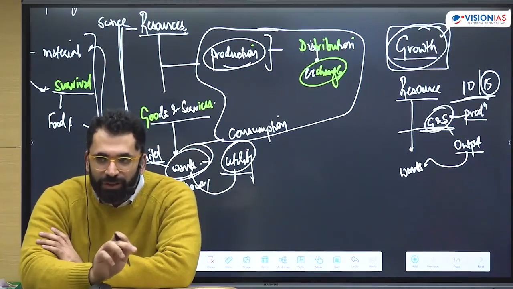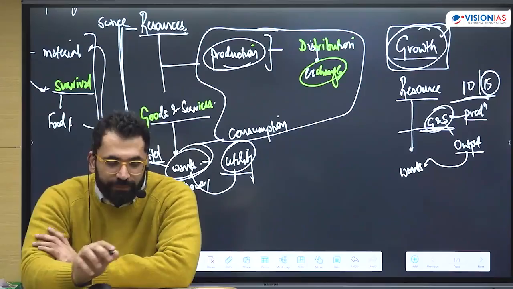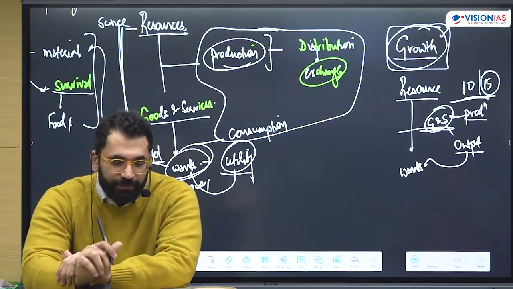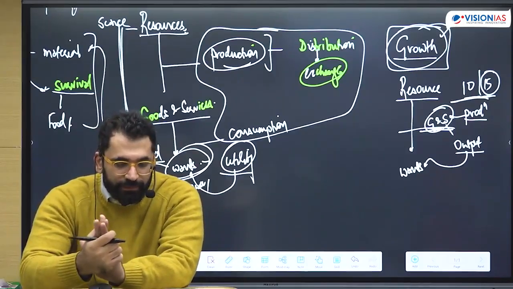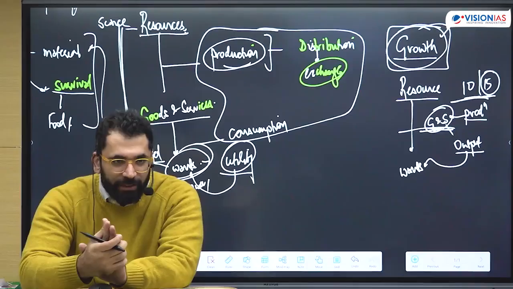That means it is usage of utility. Is it clear? Production, consumption. Next slide, economic growth.